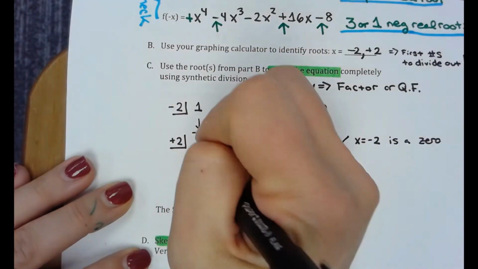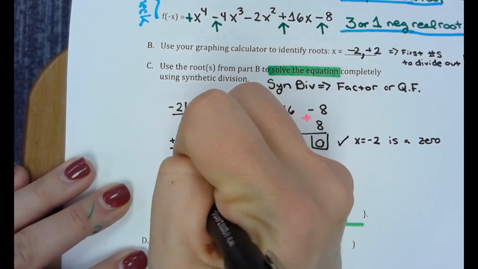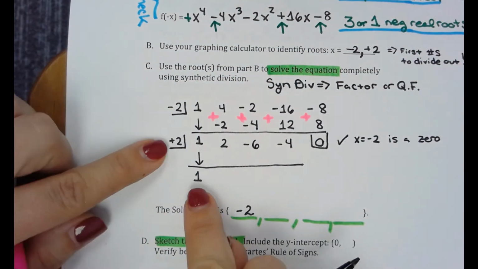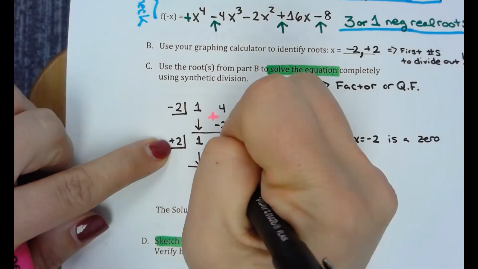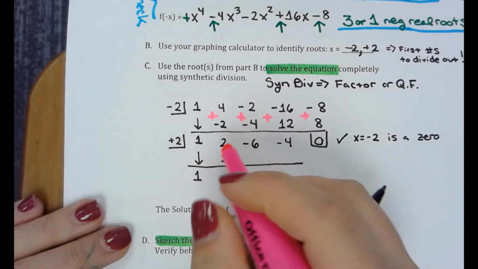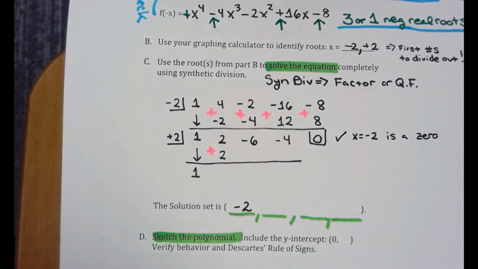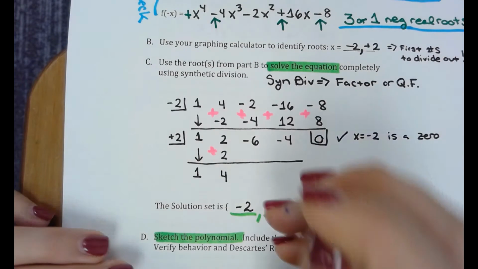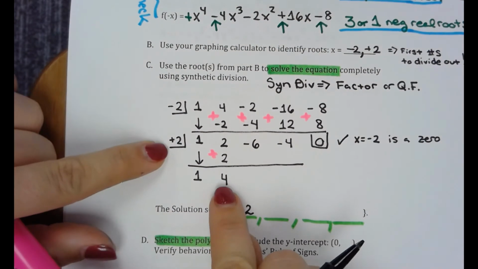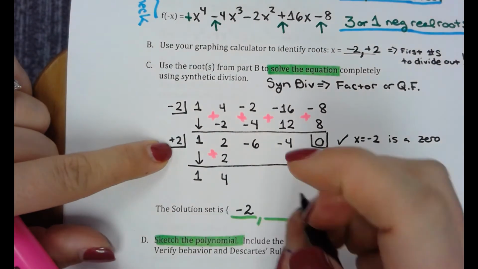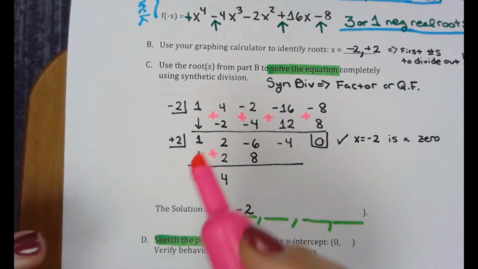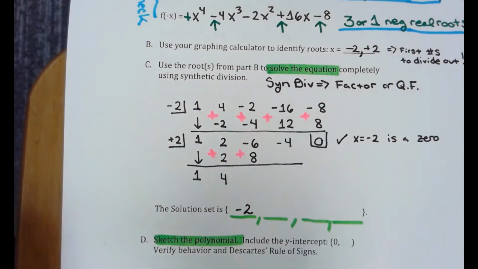Continue in our synthetic division. Drop. Multiply. Add straight down. Repeat, multiply, add straight down.